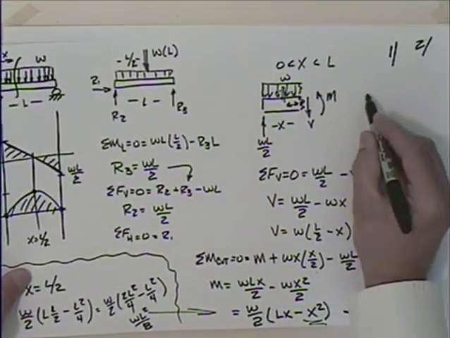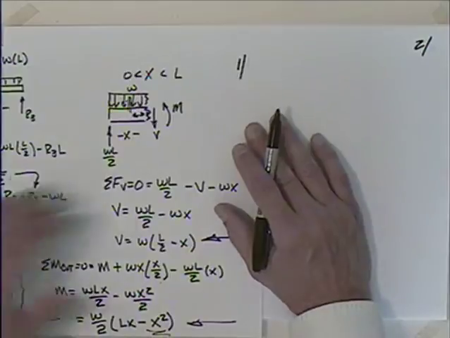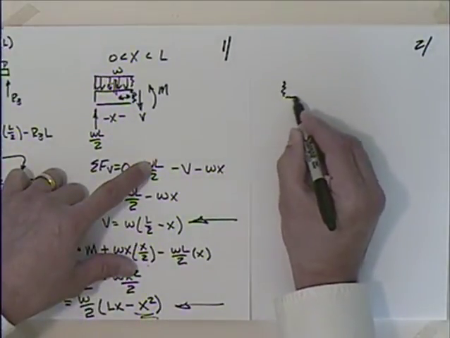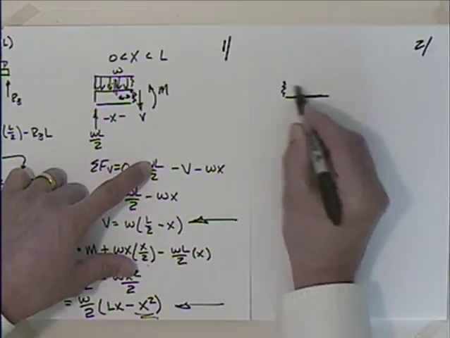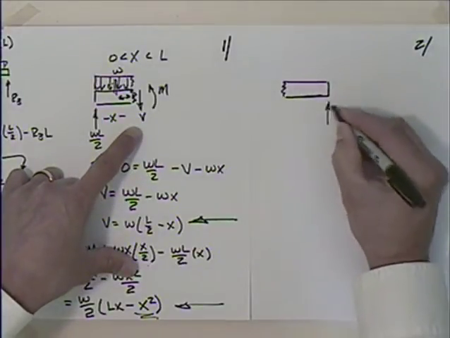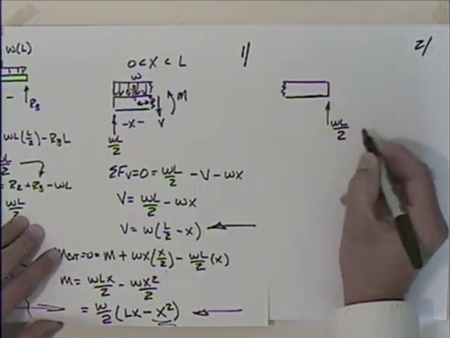So folks might ask the question here, could we do the right-hand side? So what would that look like? Well, if I look at the right-hand side, I'm going to have, again, the right-hand reaction. That would be R3, which would be the same in this case, WL over 2.